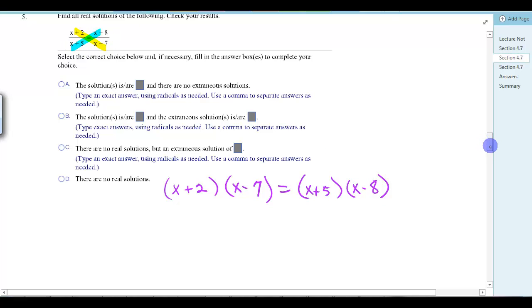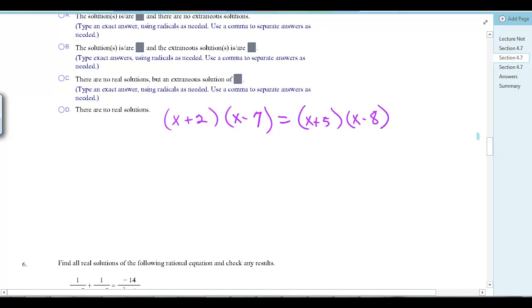All right, so then we'll go ahead and FOIL those out. We get x squared minus 7x plus 2x, that'd be a minus 5x, minus 14 equals x squared minus 8x plus 5x, that's a minus 3x, minus 40.